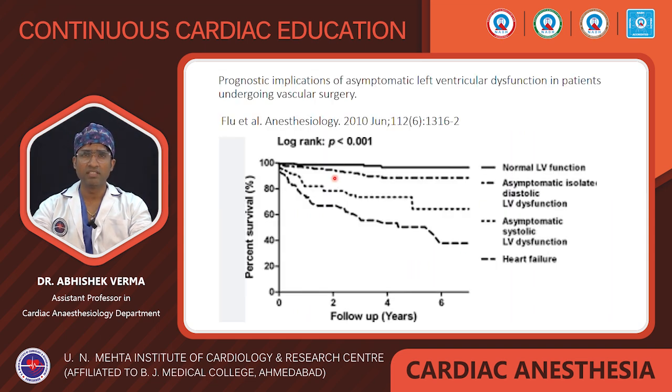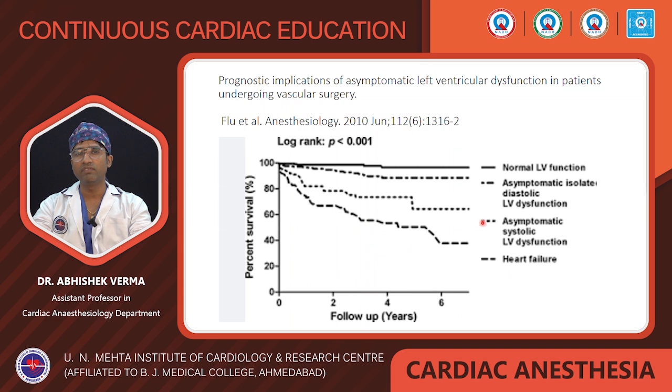Similarly, another study shows the percentage of survival is almost 100% in patients with normal LV, approximately. If asymptomatic isolated diastolic dysfunction is present, the survival rate will decrease over a period of time. If there is asymptomatic systolic dysfunction, the survival will further decrease. And if the patient is in heart failure, the survival rate is lower still over a period of time.